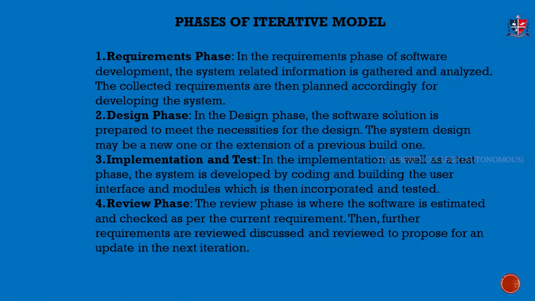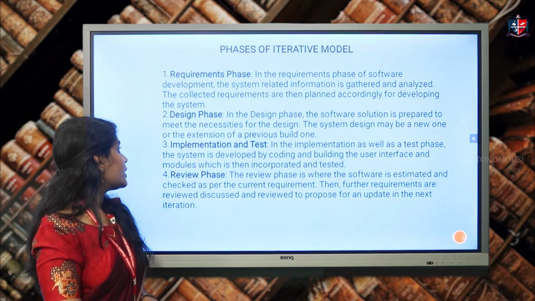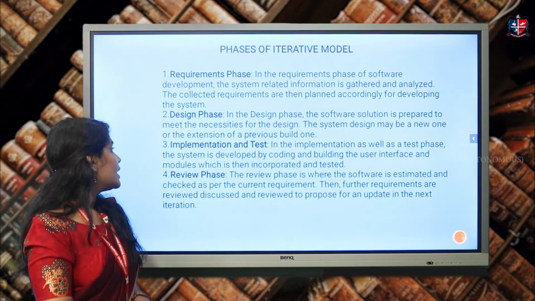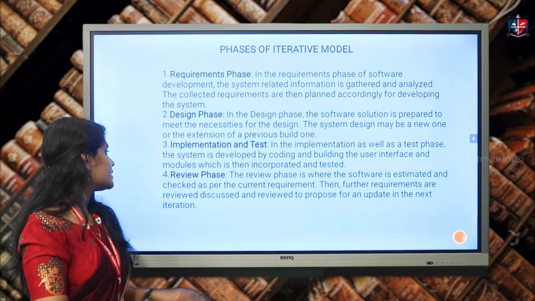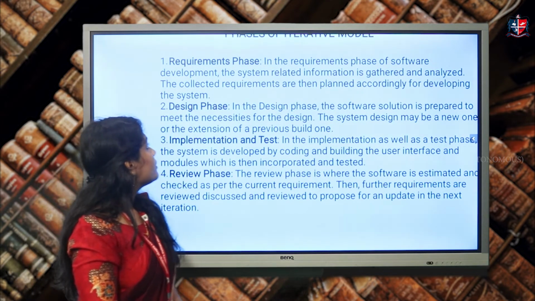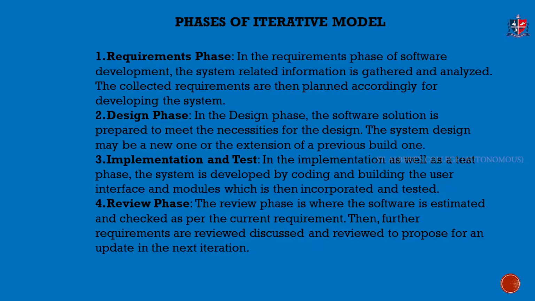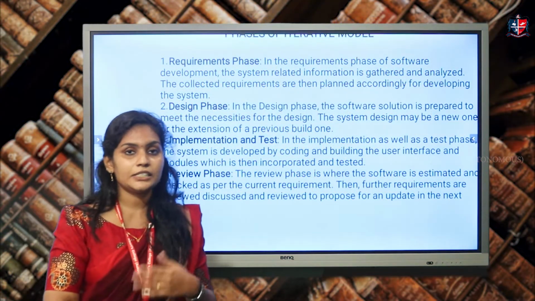The different phases of the iterative model: it contains 4 phases mainly. The first phase is the requirement phase, the second phase is the design phase, the third phase is implementation and test, and the final phase is the review phase. In the requirement phase of software development, the system-related information is gathered and analyzed. It is the first phase.